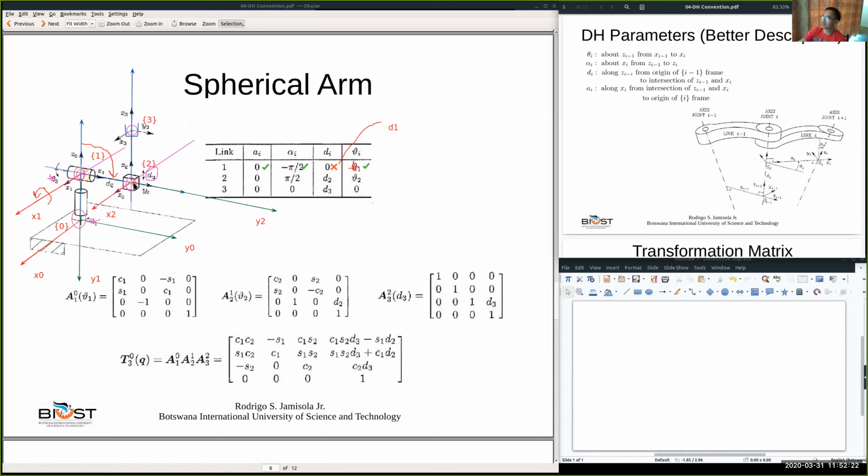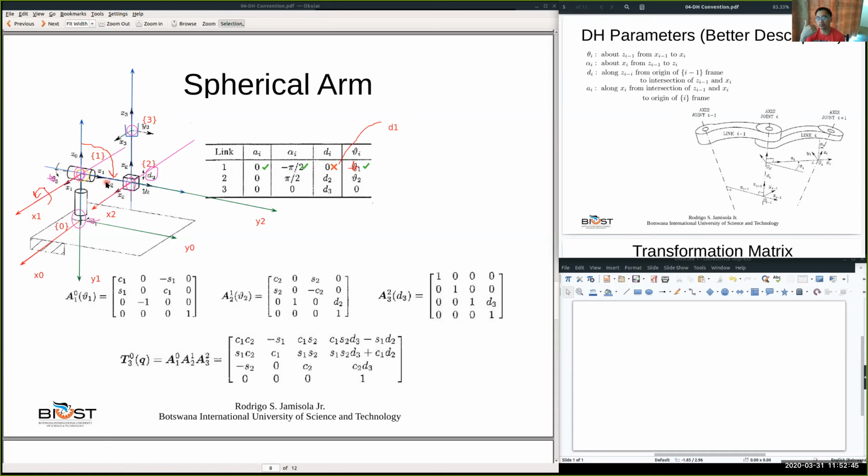About Z1 like that, from X1 to X2. Where is X1? That's X1. And X2 is this. And so X2 and X1 are parallel. And we are looking at how X1 and X2 change with respect to rotation about Z1.